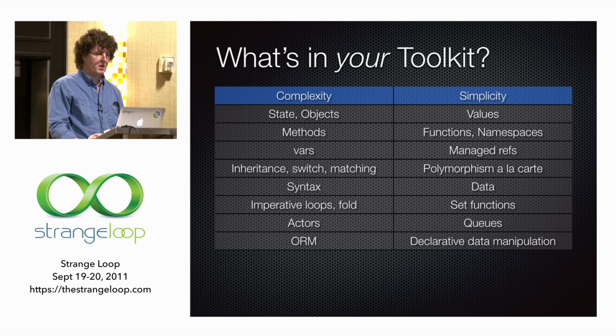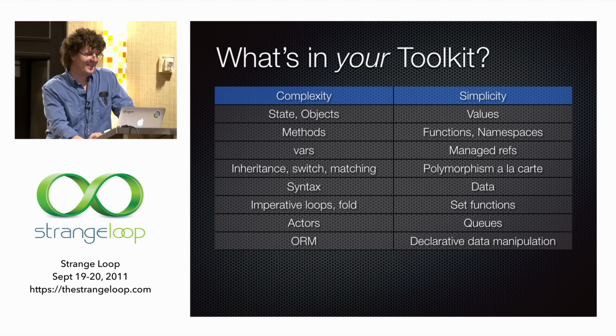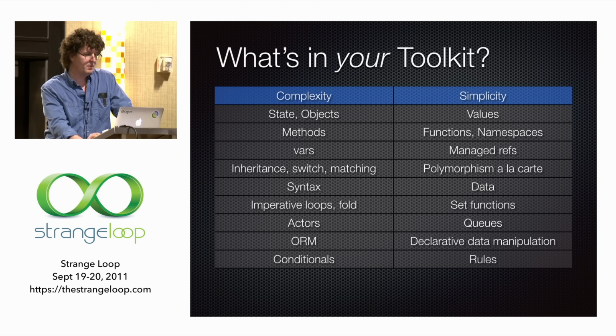And declarative data manipulation is simpler. Okay? Even Eric said that in his talk. He said it really fast near the end. Oh yeah, and eventual consistency is really hard for programmers. Conditionals are complex in interesting ways, and rules can be simpler.